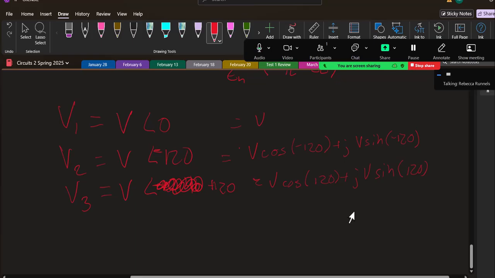What's true about the sine of an angle and the negative sine of an angle? Opposite. So if I added all these together, those would cancel. What is the cosine of 120 degrees?